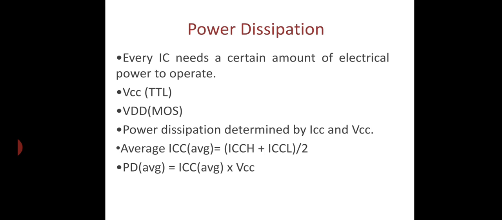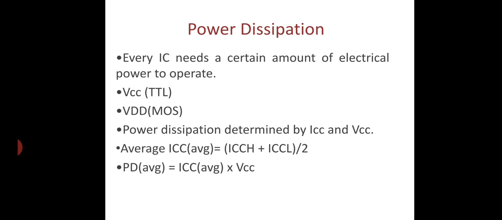Next is power dissipation. As we all know, every electronic circuit requires a certain amount of power to operate. This power is measured in milliwatts. The amount of power is dissipated in an IC in the form of heat.